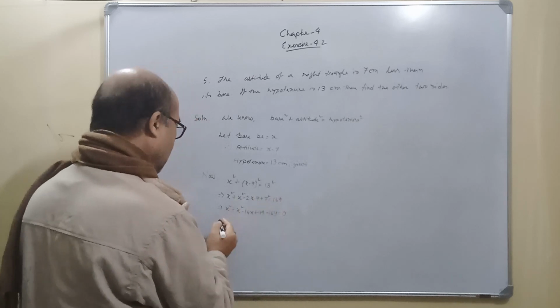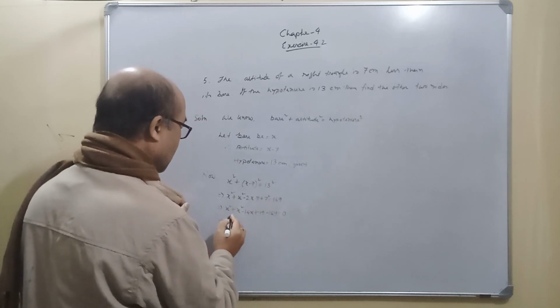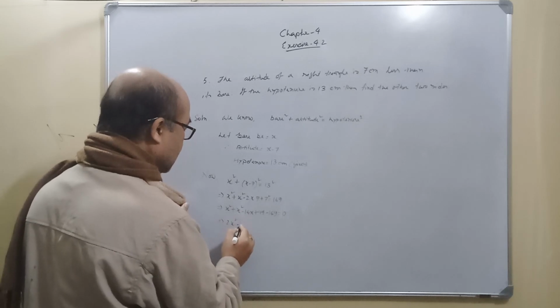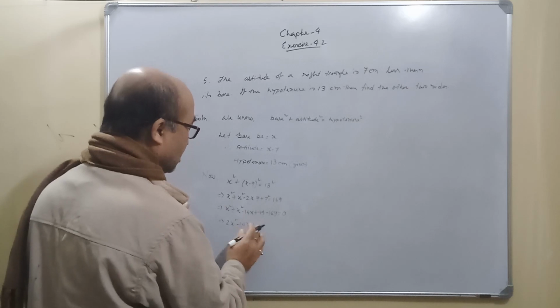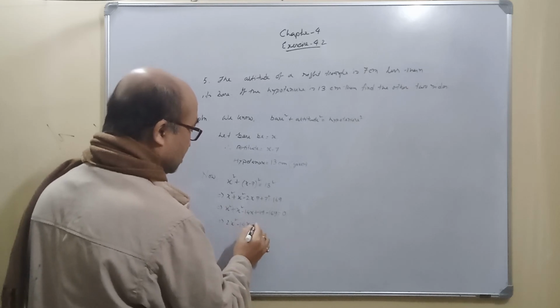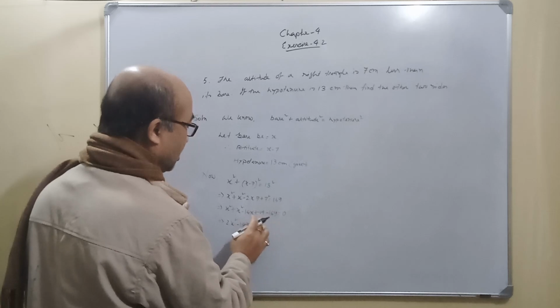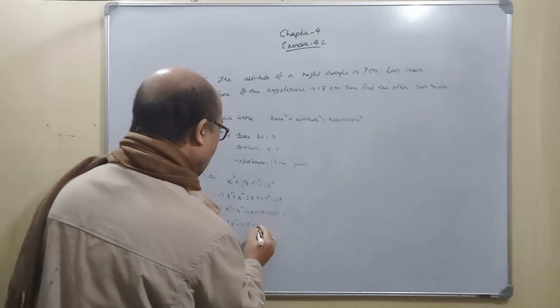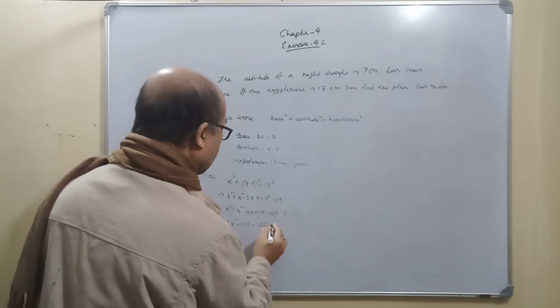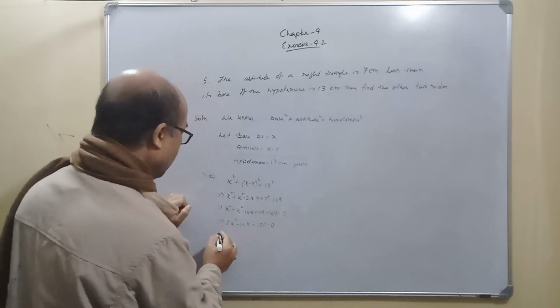Transferring it to the left hand side, we get 2x square minus 14x, it will be minus 49, 169 minus 49, how much? It is 120, equal to 0.